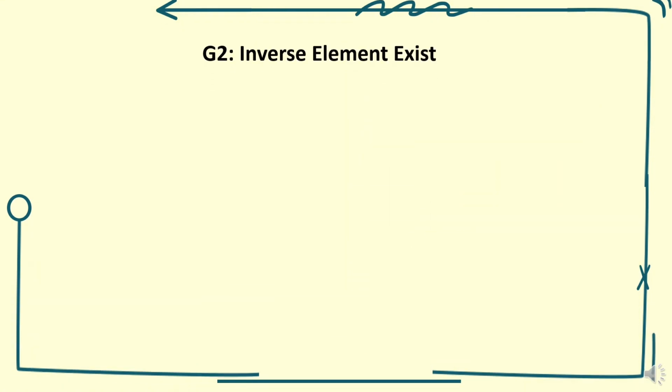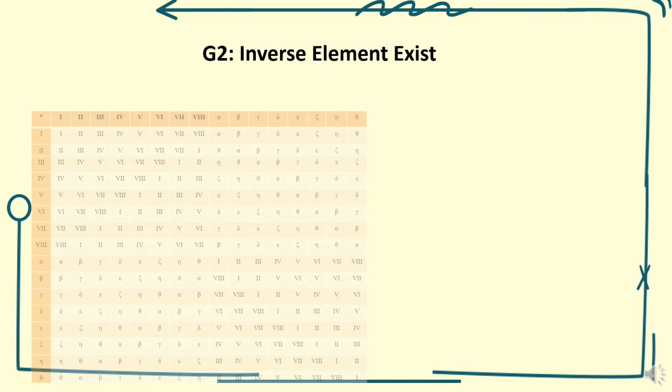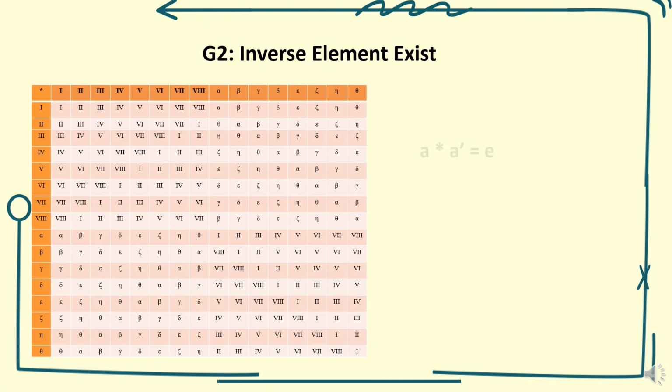Next, G3. G3, inverse element exists. In this table, we can define the inverse element. We all know that the formula for the inverse element is A star A prime is equal to E. We know that E is equal to Roman numeral 1, which is the identity element.